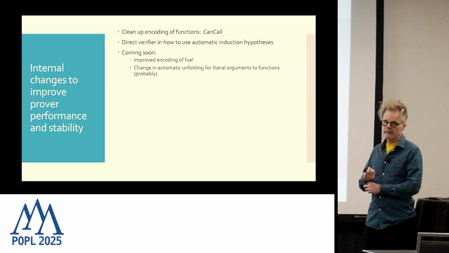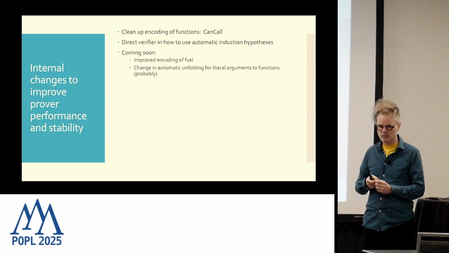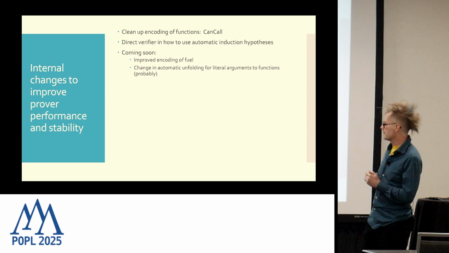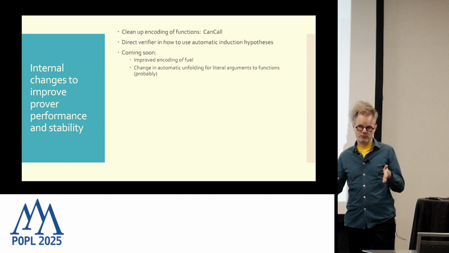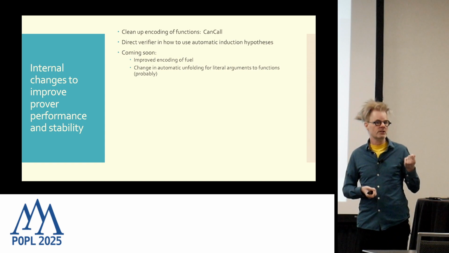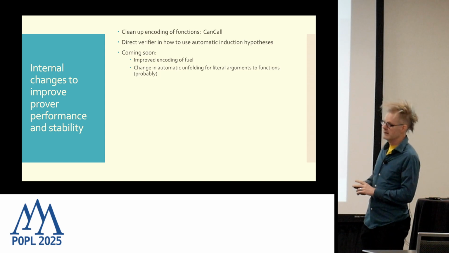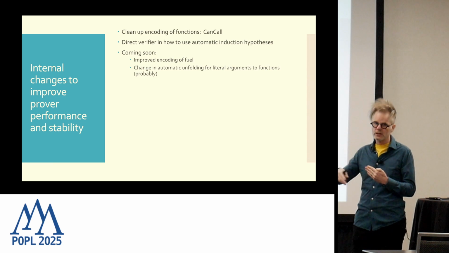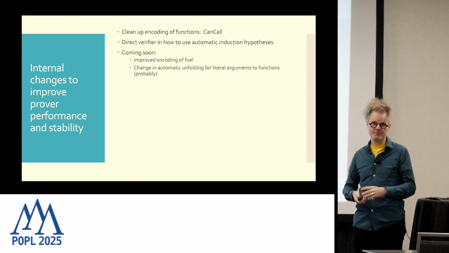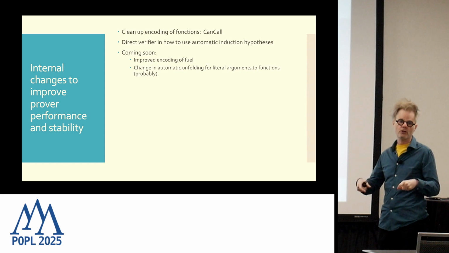She implemented the fuel parameters, but also implemented a special track of the fuel parameters, so that if you invoke a predicate or function with literals, let's say you want to prove something about the Fibonacci of 12, specifically the literal 12, the encoding would let the verifier just unroll that function all the way to the end, which I thought was super cool, and it's been used a lot and it's sort of on automatically all the time.